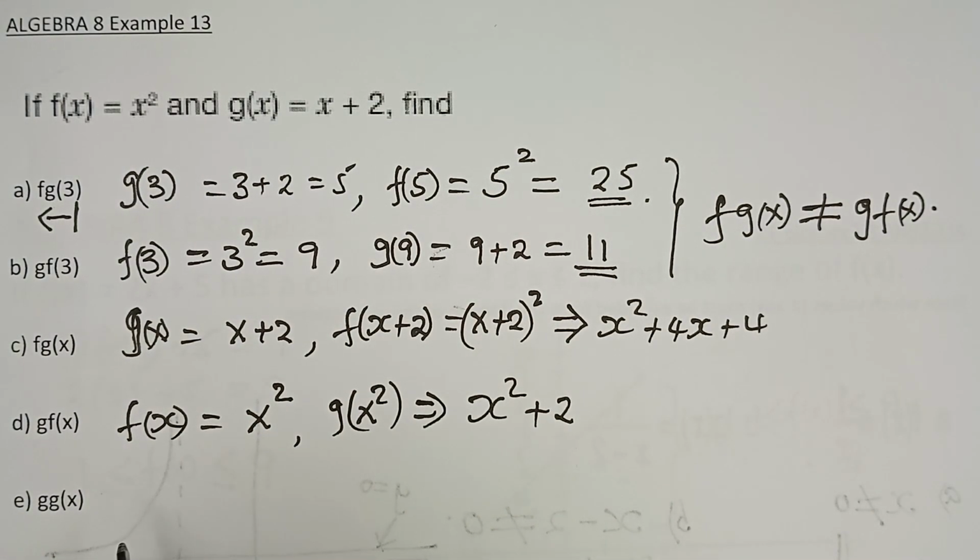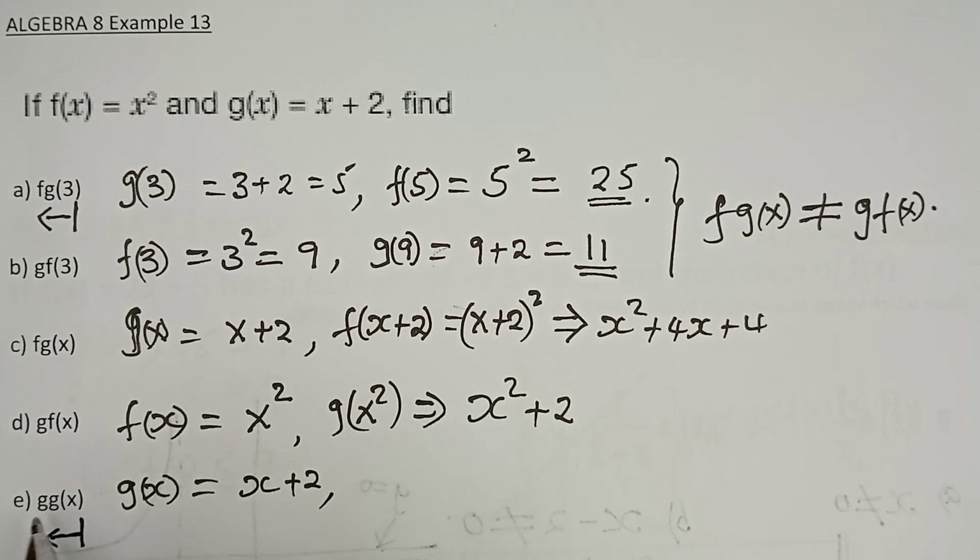What about gg(x)? We have to be careful here, because g(x) is followed by another g(x). We first perform g(x), which we know is easily x plus 2. And then this is the new raw material, or the new domain, for another function g, because we have to perform g first, followed by another g. So another g is x plus 2, where x plus 2 is the raw material.